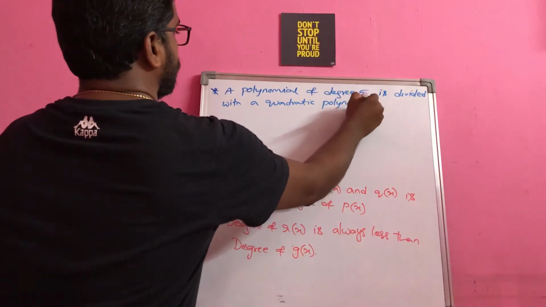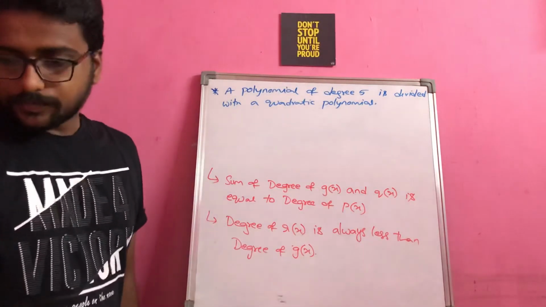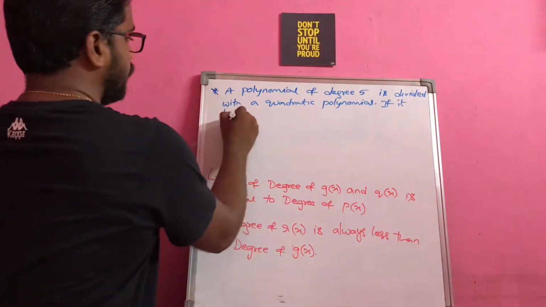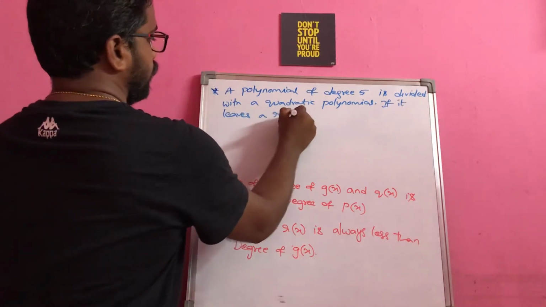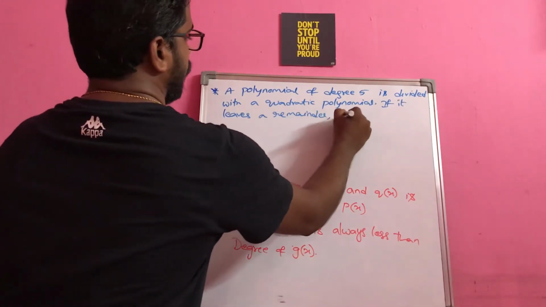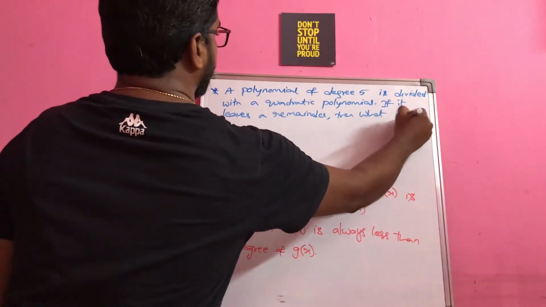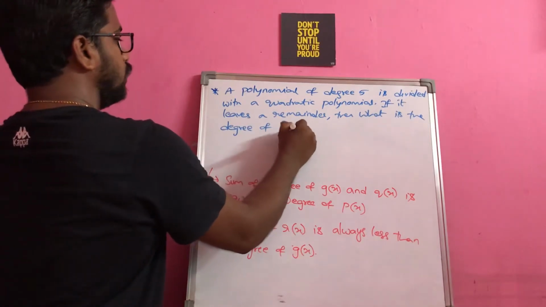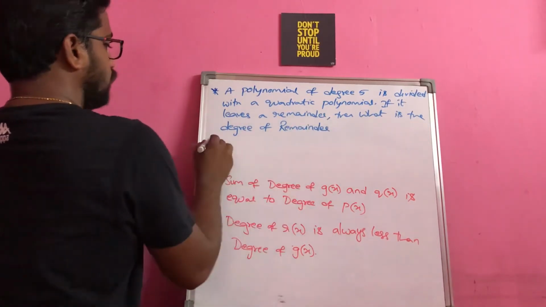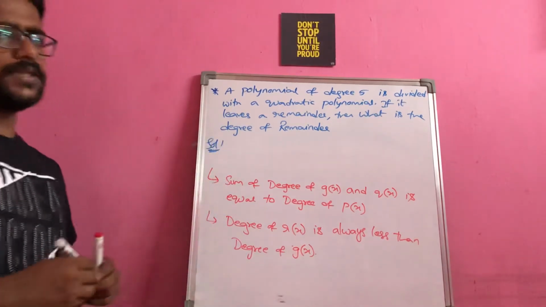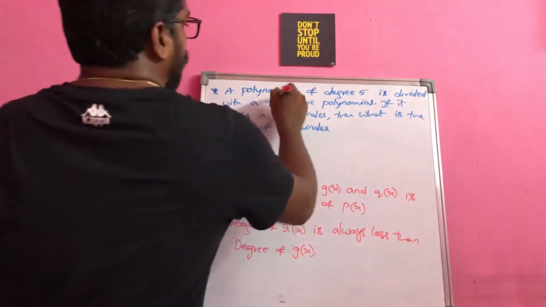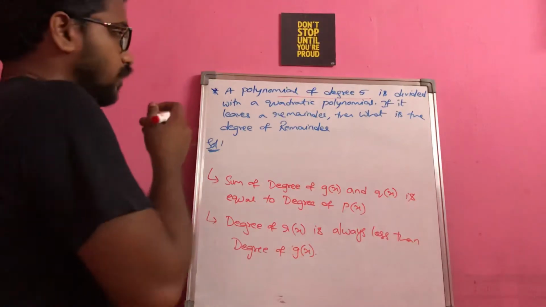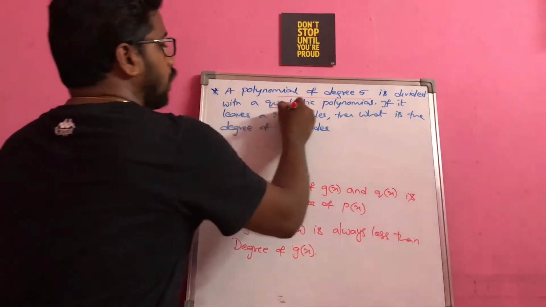If it leaves a remainder, then what is the degree of remainder? Now see this question. A polynomial of degree 5 is divided with a quadratic polynomial.